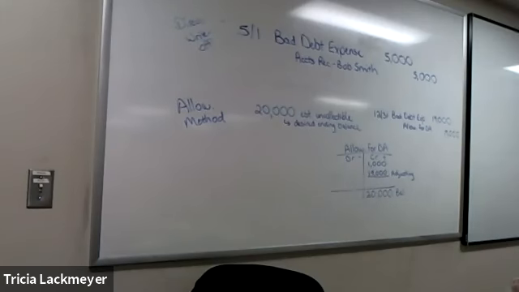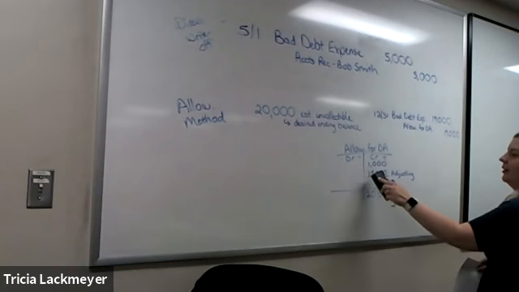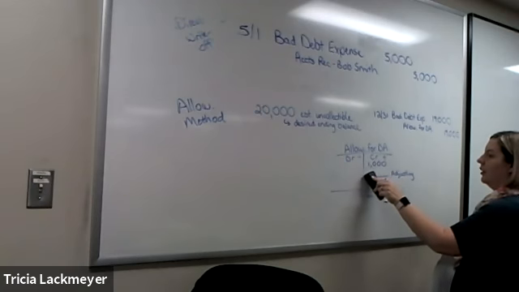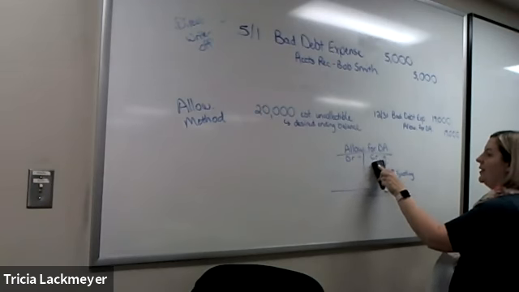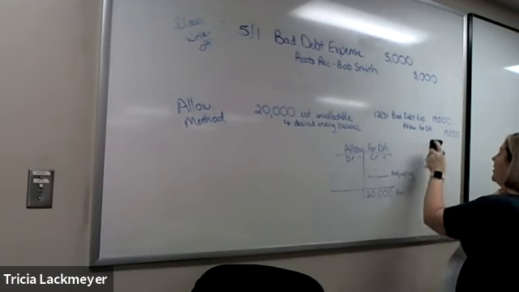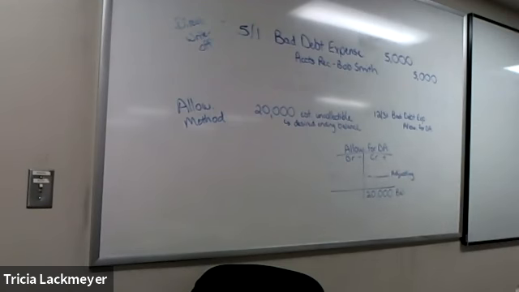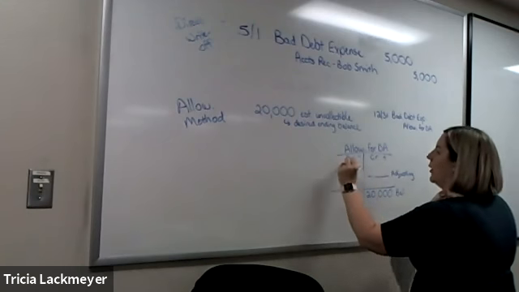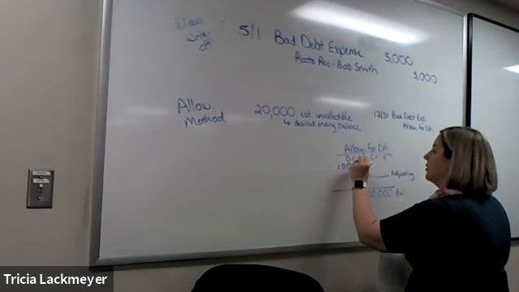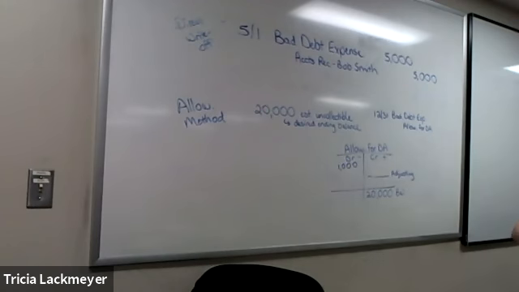So then, what would happen if the same desired ending balance, but I had an existing debit of 1,000? So before my adjustment, my allowance for doubtful accounts had a balance of 1,000 debit.